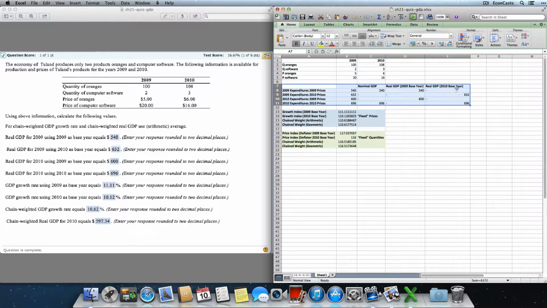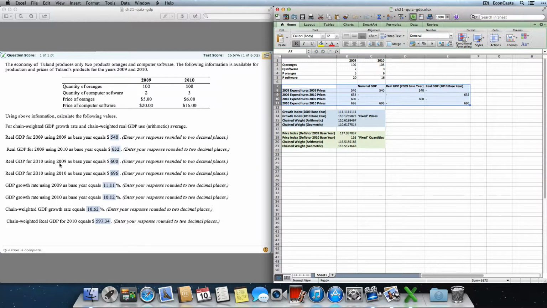Here is our 2010 base year, and our 2009 expenditures using that base year price is going to be 632. And just as a reminder, that is, again, our 2009 production, but instead of using the 2009 prices, we're going to use the 2010 prices. Again, that's how we get real GDP using 2010 as a base year.